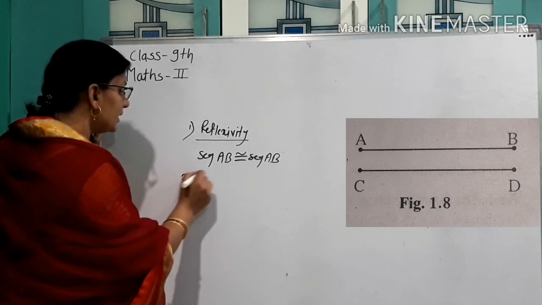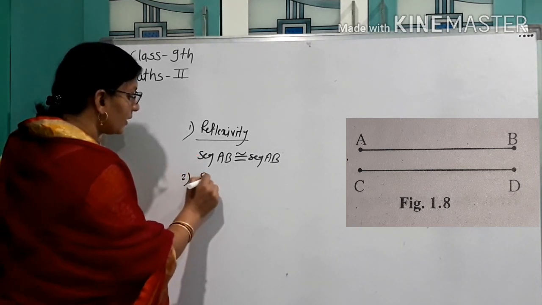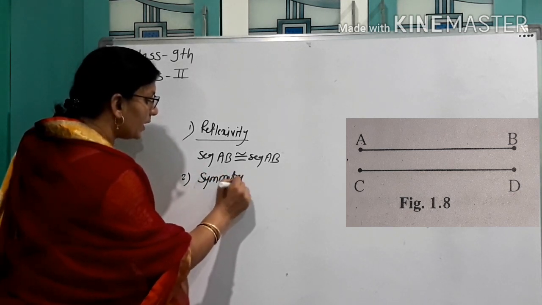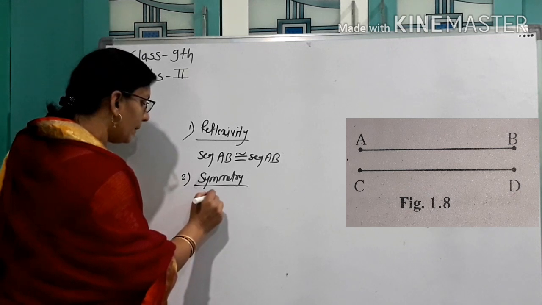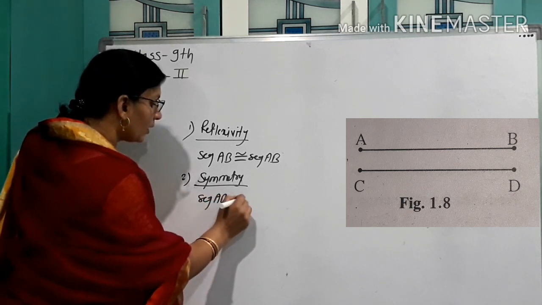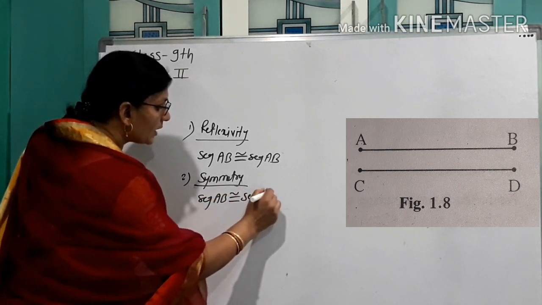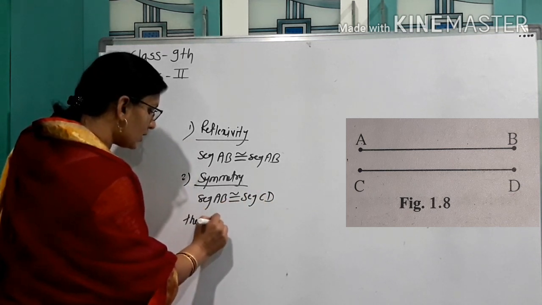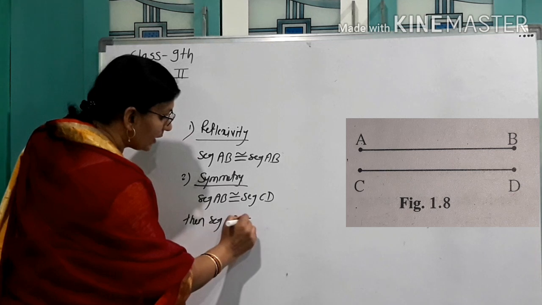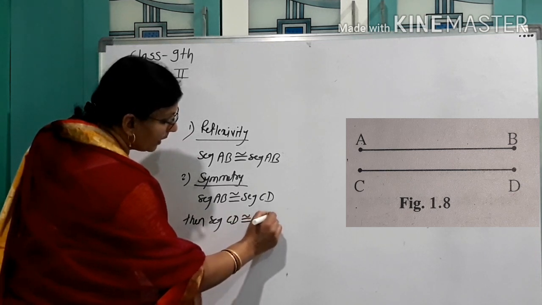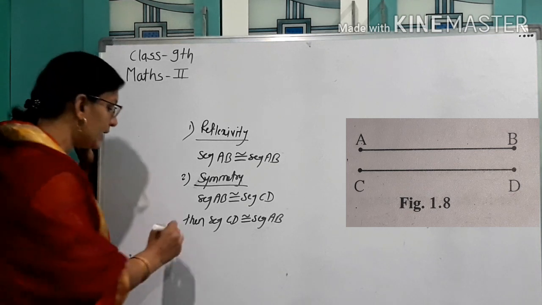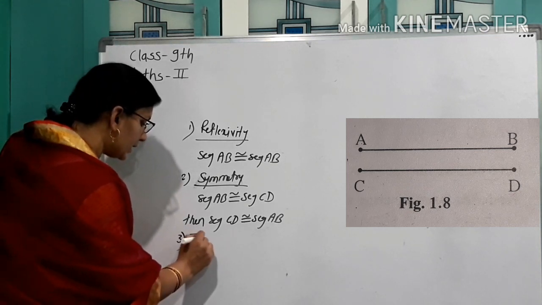Then second is symmetry. In this property, if segment AB is congruent to segment CD, then segment CD is congruent to segment AB. And the last property is the property of transitivity.